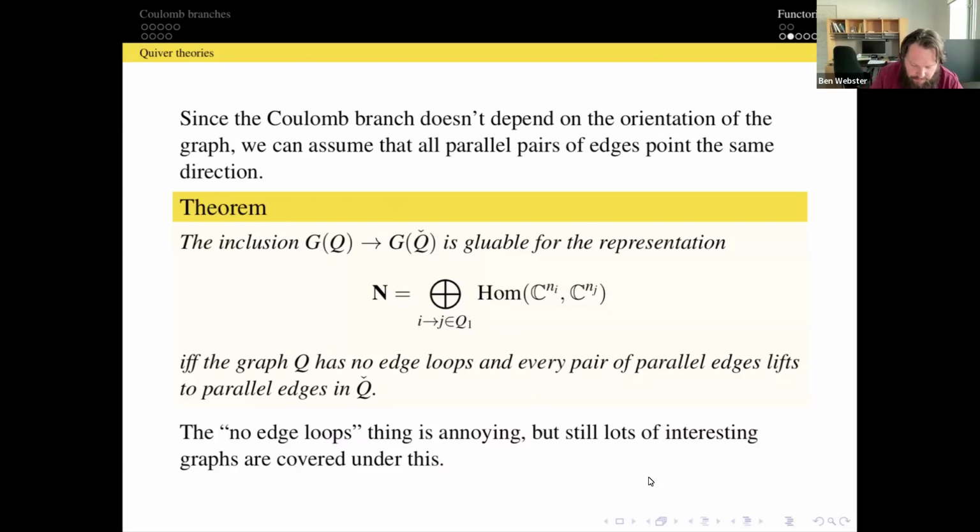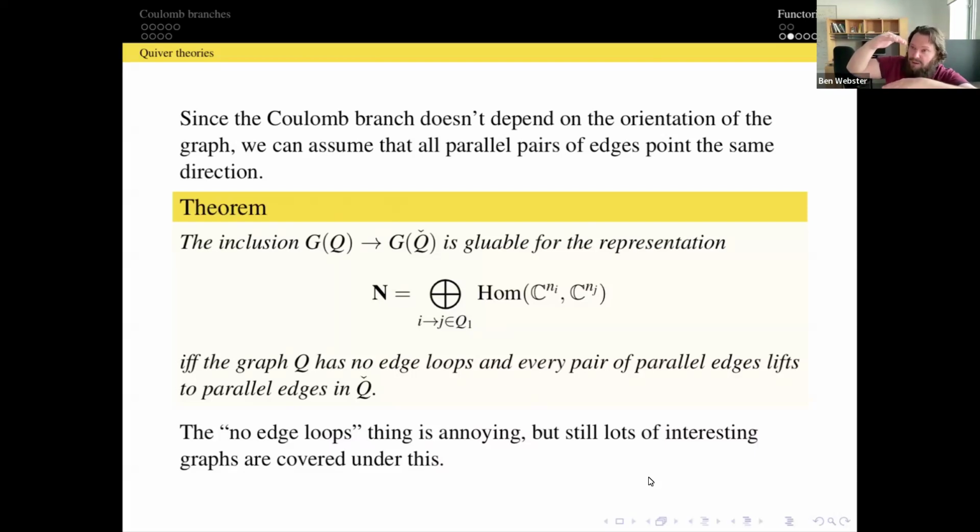So this is going to satisfy the hypotheses of our theorem if the graph has no edge loops. And anytime I have a pair of nodes with two edges going between them, I keep those together. So you could imagine a situation where I had two nodes with two edges, and I cut that apart into two edges going between separate nodes.